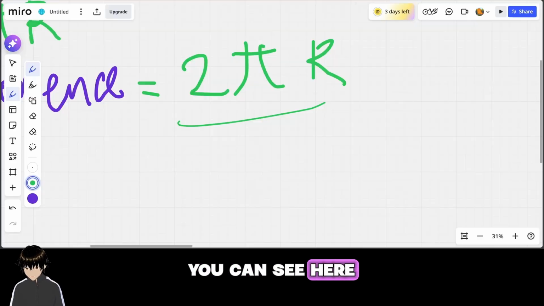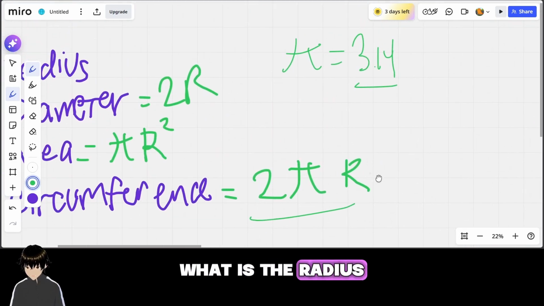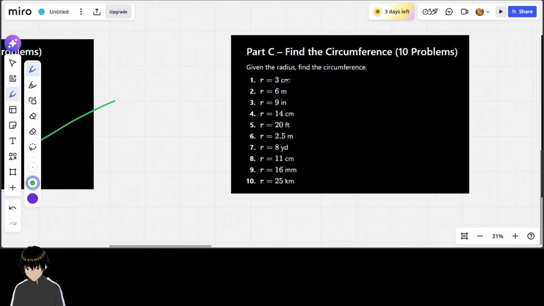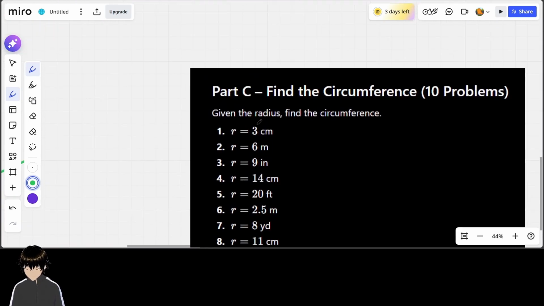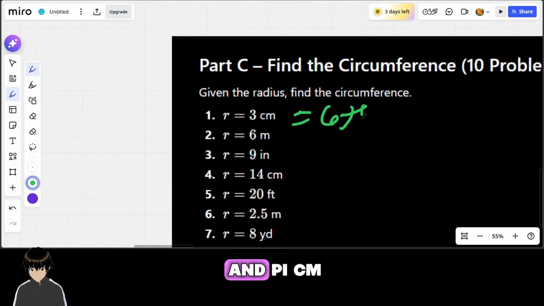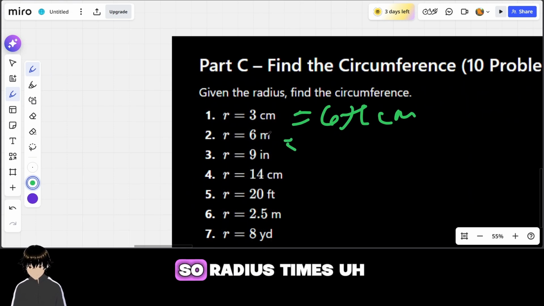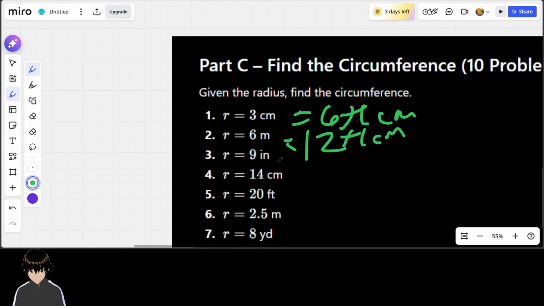So you can see here, what is the radius first? Given the radius, we have the radius times 2. So we had 6, we have 6 pi cm. So radius times 2, 12 pi cm.